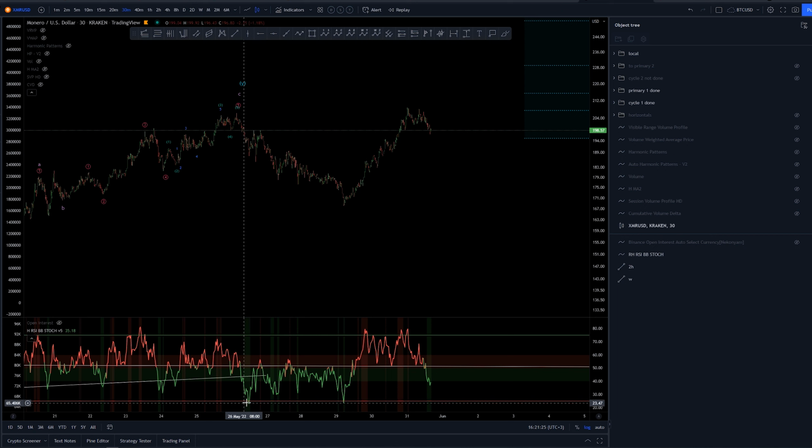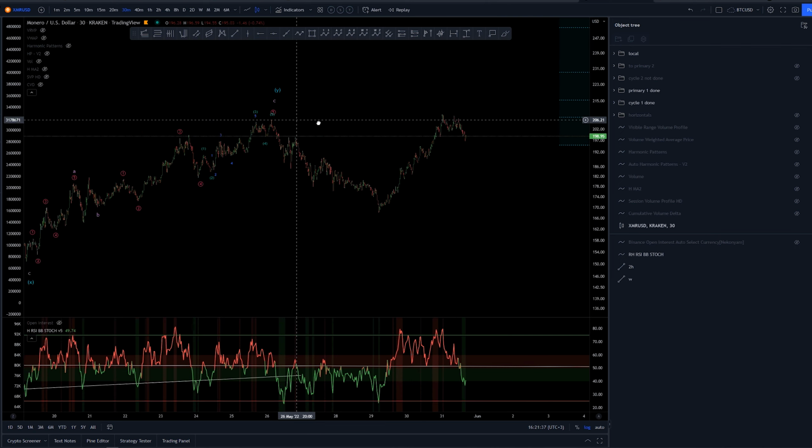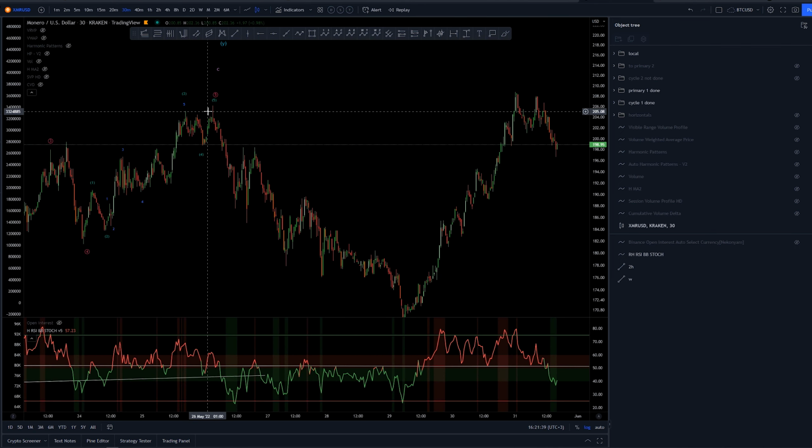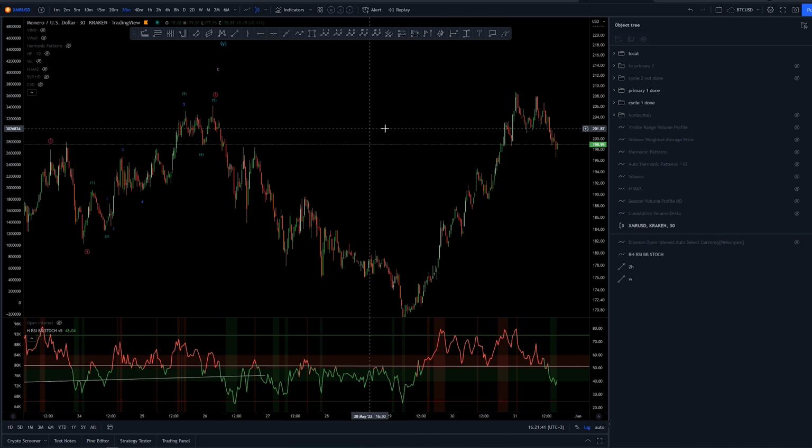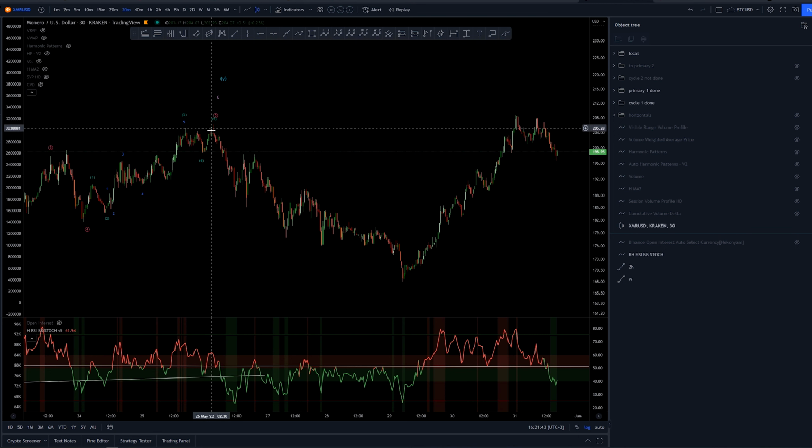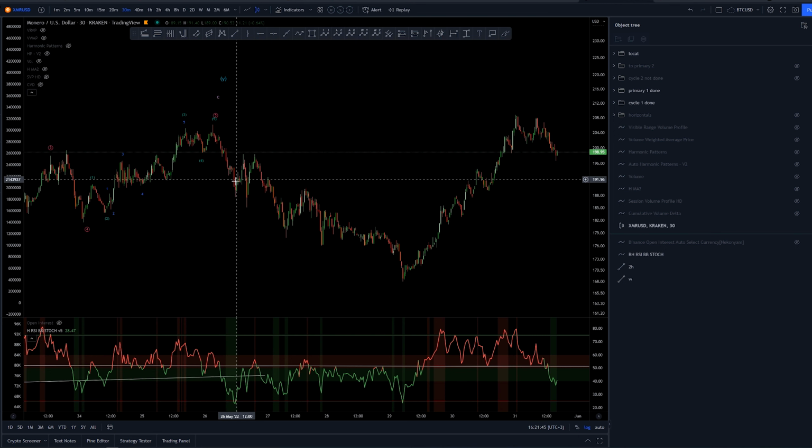We have the lowest on RSI on 30 minutes right around here, which would mean that we have some possible 5-wave structure ending here. But that would be so small that I'm not sure how to play it. Maybe it's 1, 2, 1, 2, 3, 4, 5 into third, fourth, and fifth. So 1, 2, 3, 4, 5.